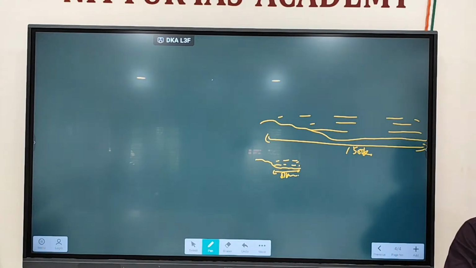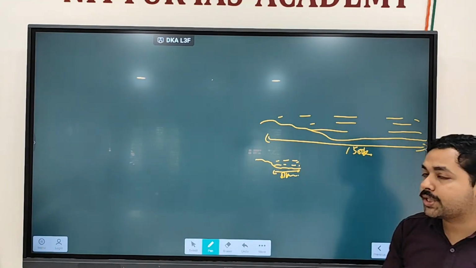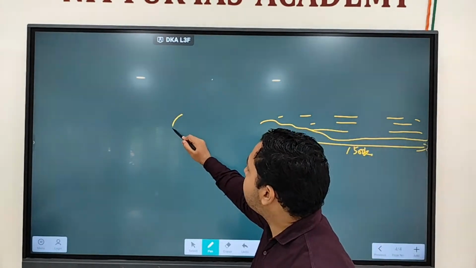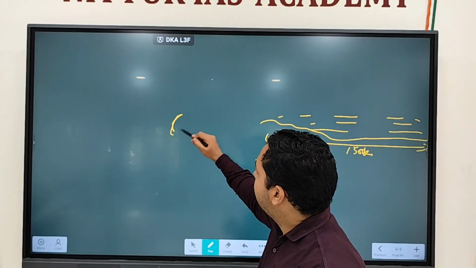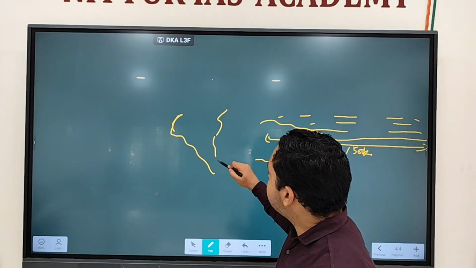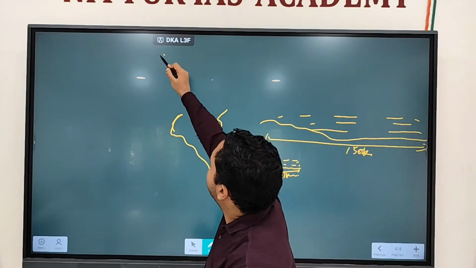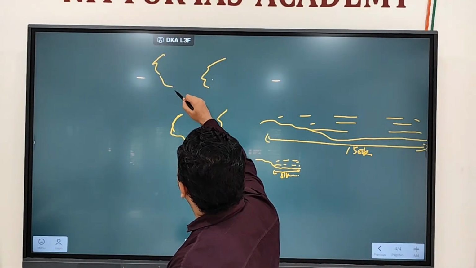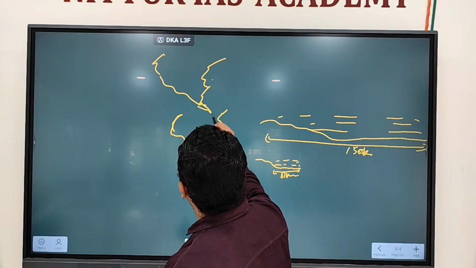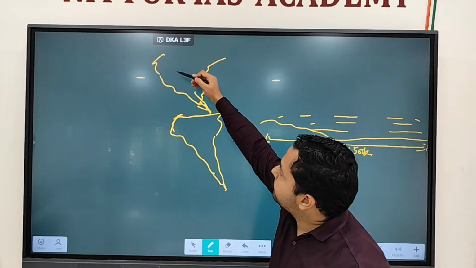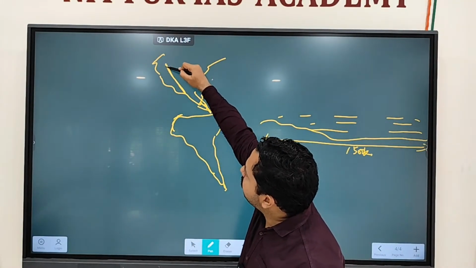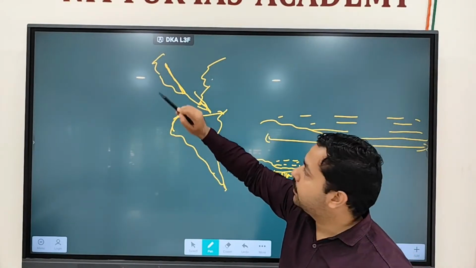Fine. Generally, wherever you see mountains near the coast, we discussed, this part is North America. In North America, which mountains are you finding over here?